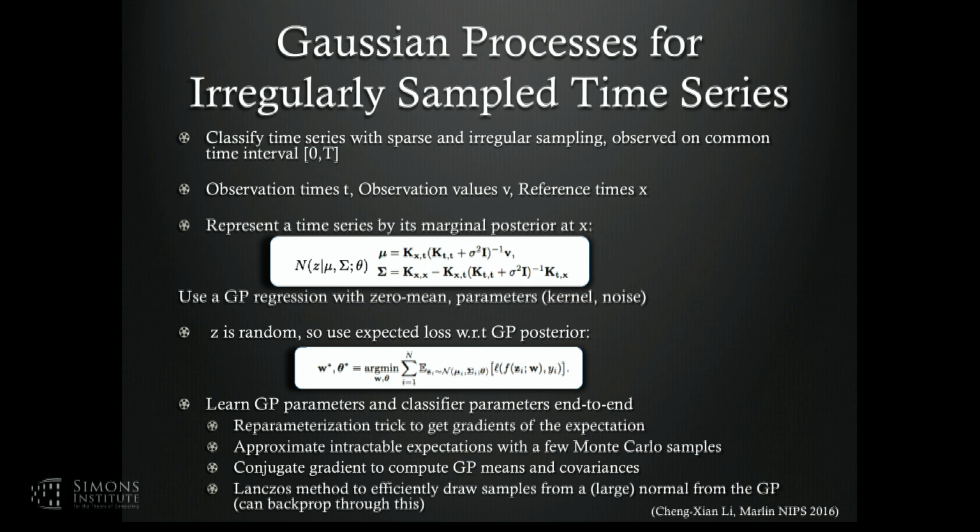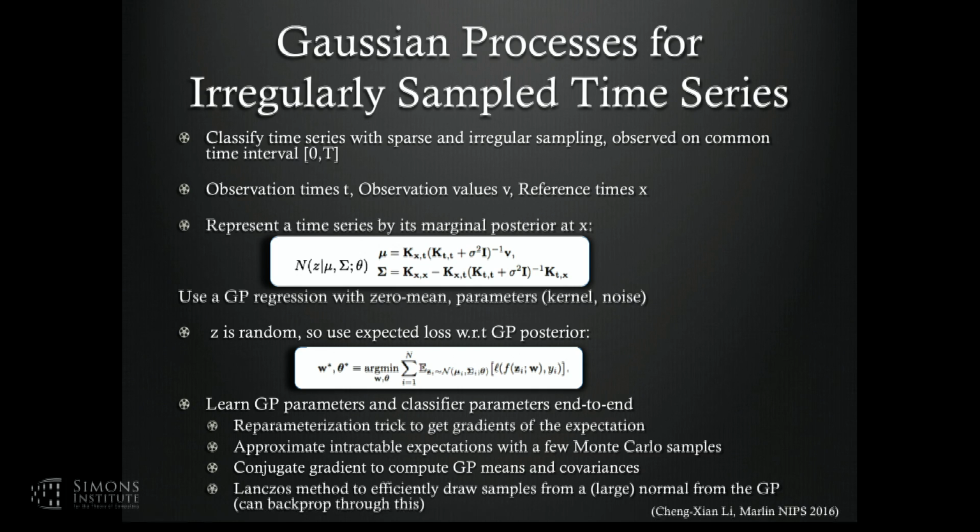And so in order to calculate this, basically we need to be able to take gradients of this expectation, right? And we use the same reparameterization trick that they use in, say, Kingma and Welling for VAEs, in order to translate gradients of an expectation into expectation of a gradient.